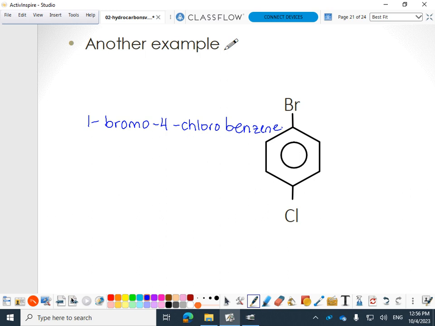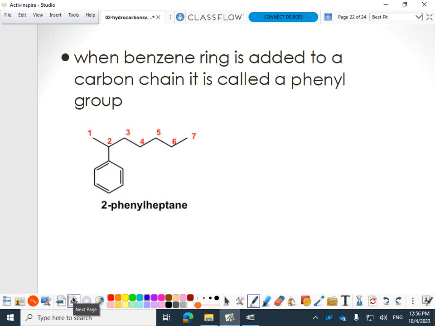Okay, so technically this is 7. 1, 2, 3, 4, 5, 6, 7. So then because 7 is longer than 6, we would call this 2-phenyl heptane. Your textbook is sneaky, and they put one like this one in the homework.